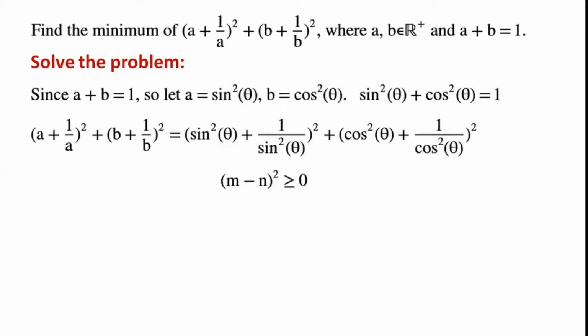As (m minus n) all squared is greater than or equal to 0.